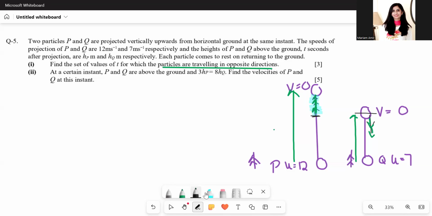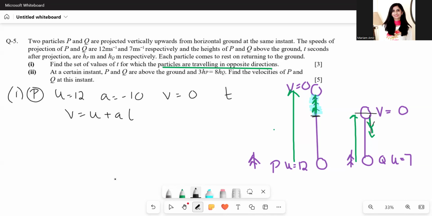Okay, so let's talk about particle P first. u is 12. Since it's going upwards, a is going to be minus 10 and v is going to be 0. And we need the time. So we can use v = u + at. 0 = 12 - 10t. t comes out to be 1.2 seconds.